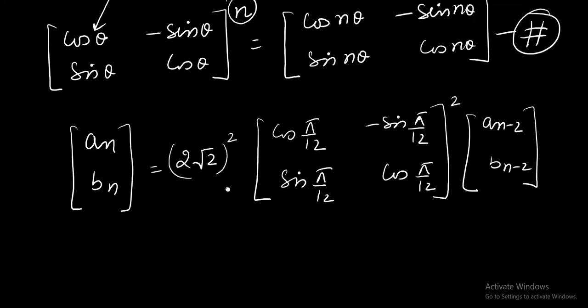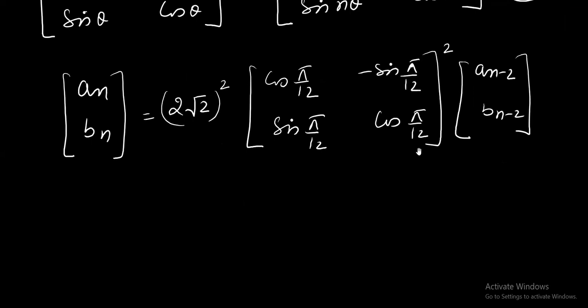So now you can see that when we had n minus 1 earlier, the index was 1. Now I have a_(n-2) here, so the index has become 2. If you keep on repeating it like this till you reach a1, b1 over here, the index will also change accordingly, right?